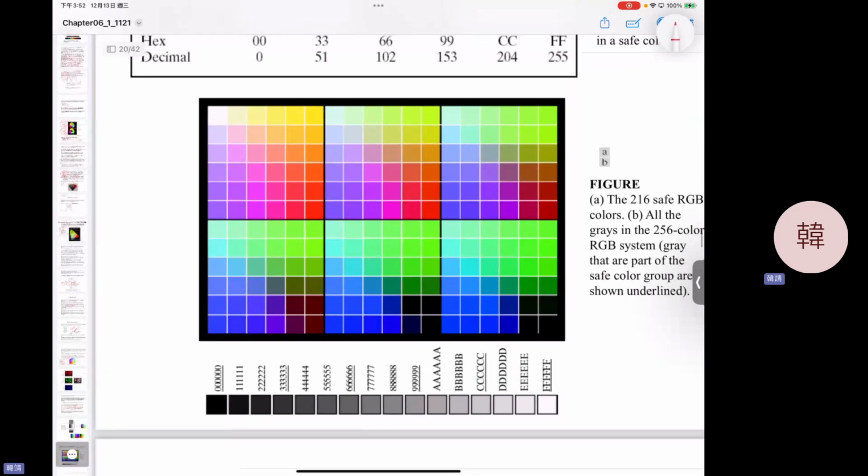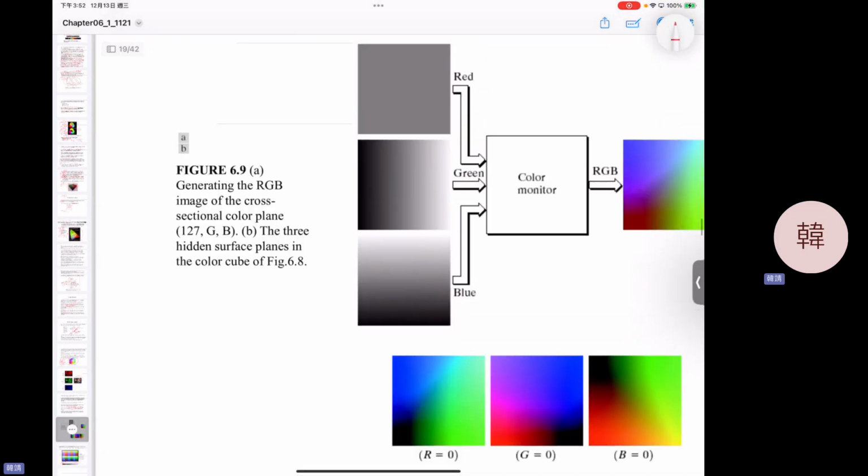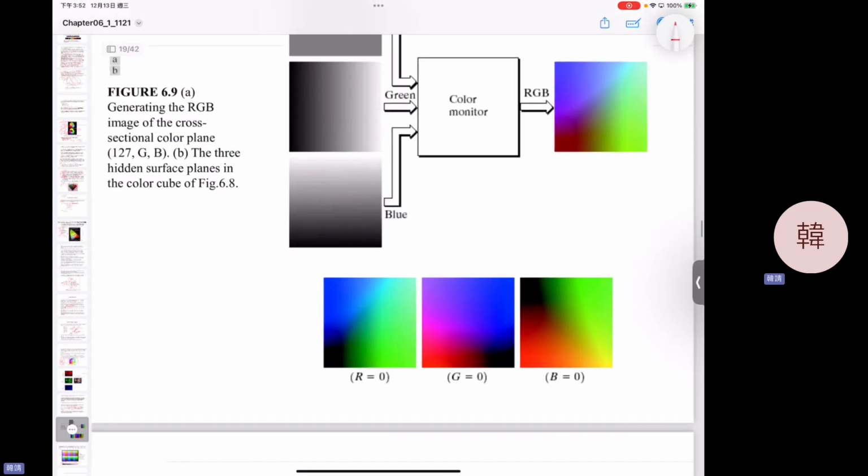You can see this parrot a lot, right? Actually, it's only 216 colors in this table there. And this is the gray label. So a total of 16 gray labels you can see from the web set color.